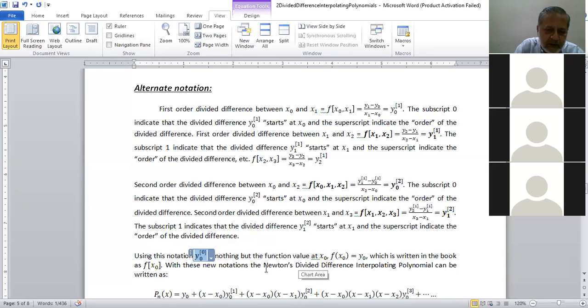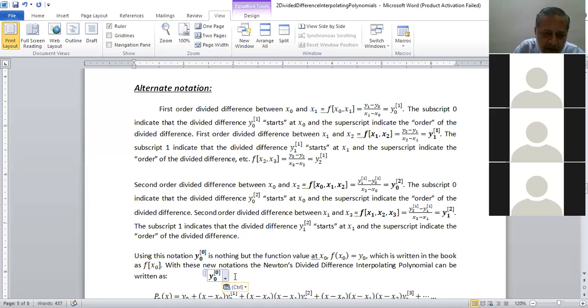Similarly, if I use this zeroth order divided difference starting at x1, what should it mean? The superscript indicates you're not taking divided difference.